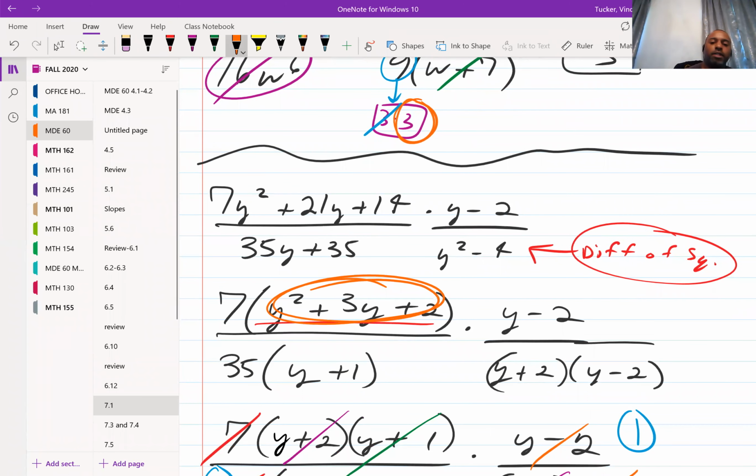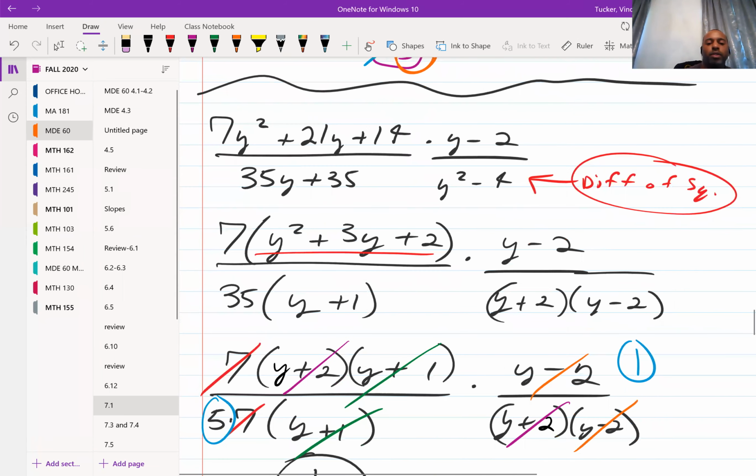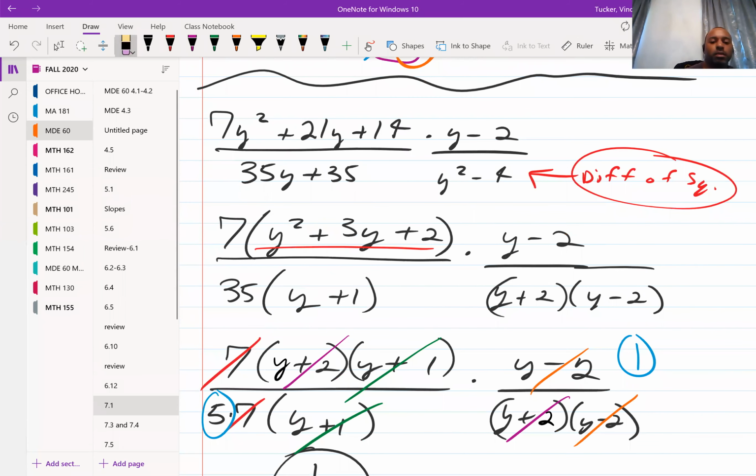I still can factor this trinomial right here. So that turns into y plus 1, y plus 2. So this is our complete factorization.